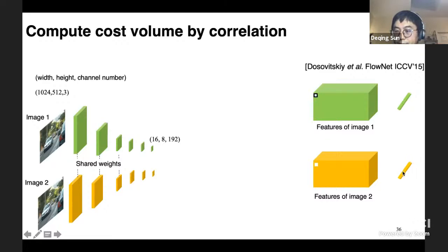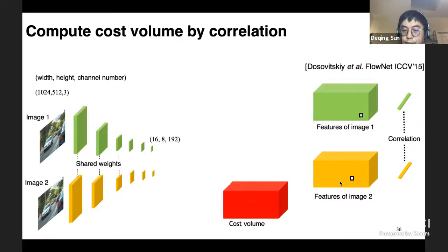If we take their inner product to compare their similarity, we get a single number to tell how similar they are to each other. And then we can slide over the second image. If we vectorize the result, that will be the cost of comparing this particular pixel with all the other pixels in the second image. And we can slide over the first image to get the full cost volume, which is 3D.